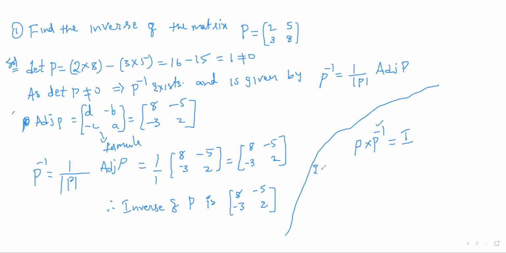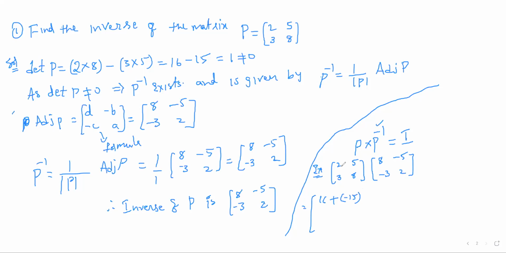For example, సార్ ఇక్కడ చేద్దాం సార్ ఇది ఒకసారి. That's why I am explaining. Okay, for example, P is equal to given 2, 5, 3, 8, into P inverse, means 8 minus 5 minus 3, 2. Just go for multiplication. First row into first column, that is 2 into 8, 16, plus 5 into minus 3, minus 15.